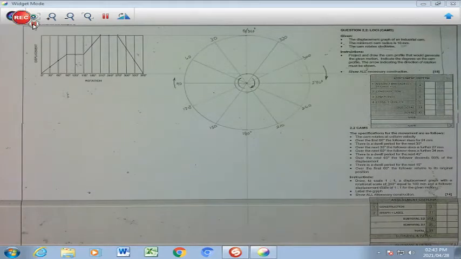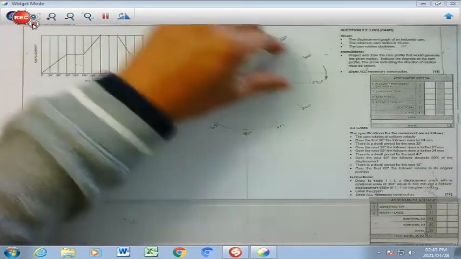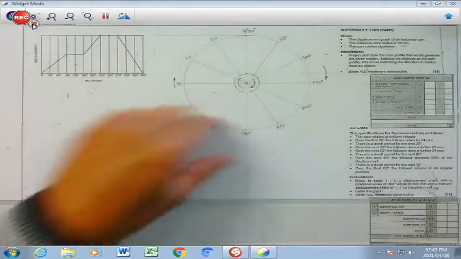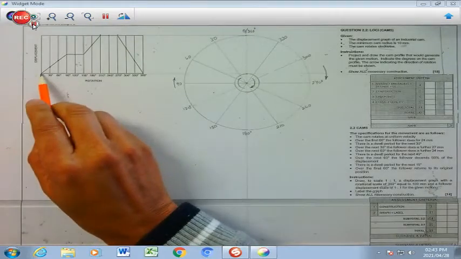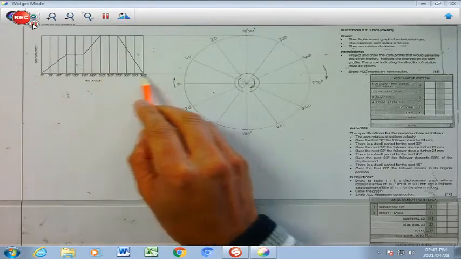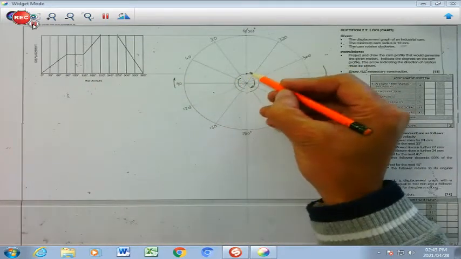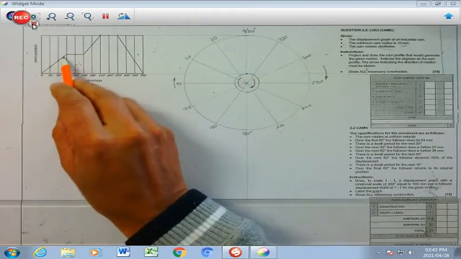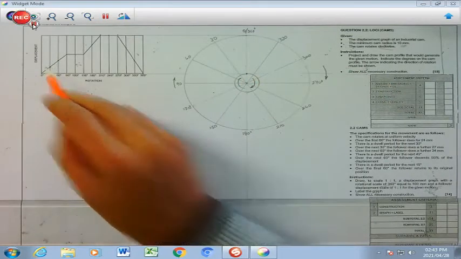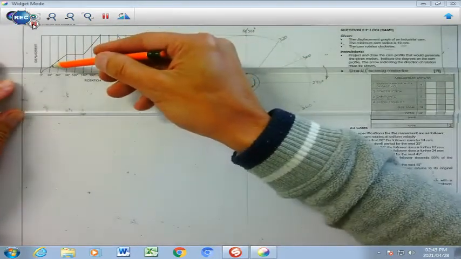The next procedure would be then to convert all these linear points onto my rotary motion cam profile here. If you start at 0, you will take 0 right across, and 0 will be right here. You can plot 0 there. Now I go to 30. 30 crosses there in my incline motion. So I'm going to move my T-square up to my 30.